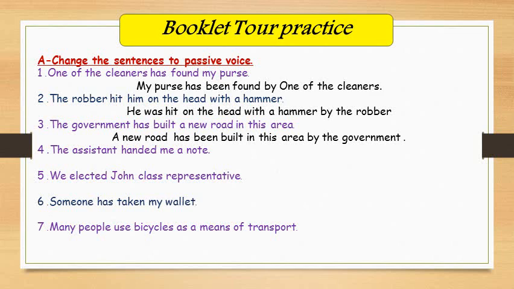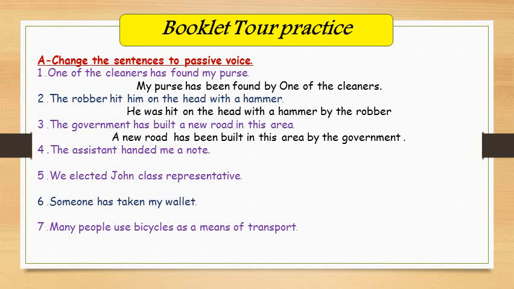Okay? The assistant handed me a note. So, where's the object? Here we have two objects. You can write me. Can I say me or change it into a subject pronoun, so I? Tense, past simple, so I was handed a note by the assistant. What is the other answer?